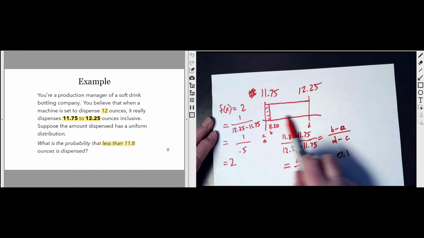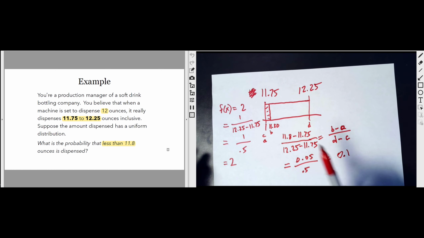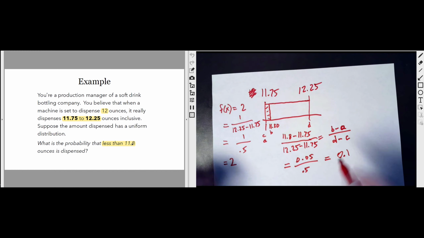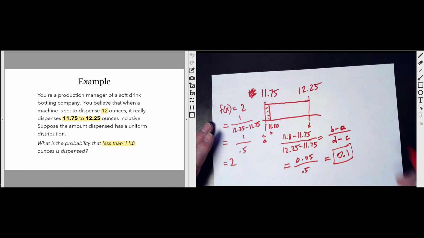There's a 10% chance that in any given bottle, the machine might be distributing less than 11.8 ounces. All right, so that is the uniform distribution.